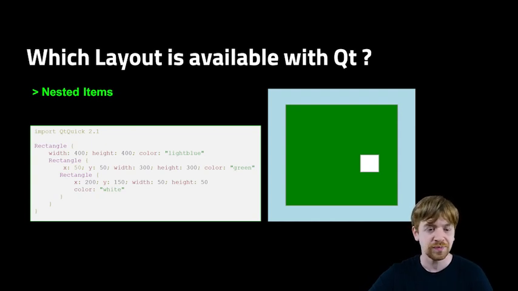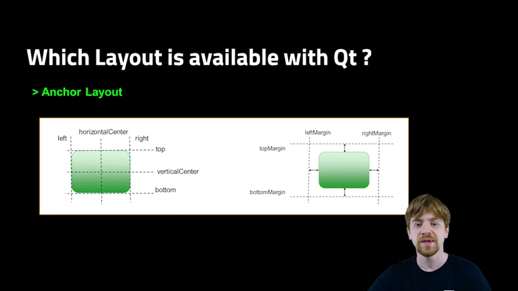So the next one, we will not use this one a lot, or at least we will use nested items, but not with XY positions, more with anchors that are coming just afterwards. So anchors, how do they look? Anchors are a way of defining each part of your UI relatively.